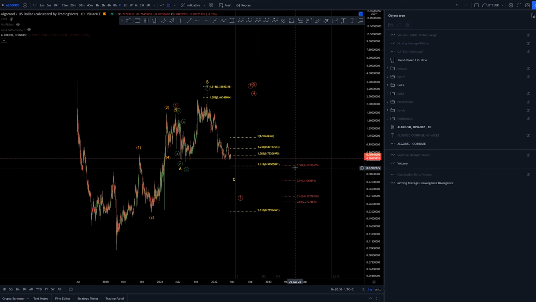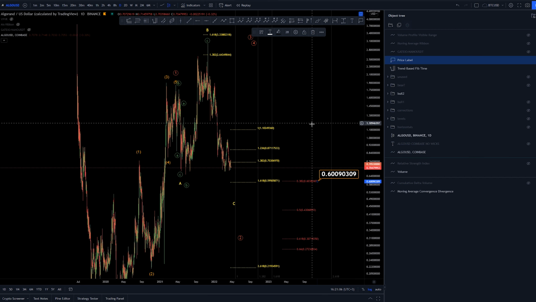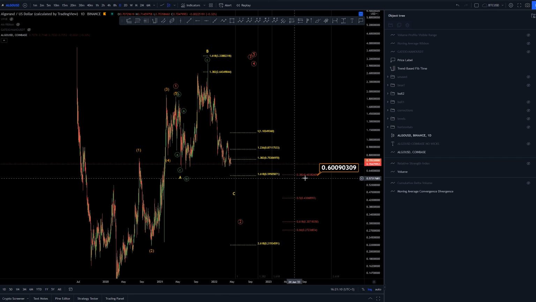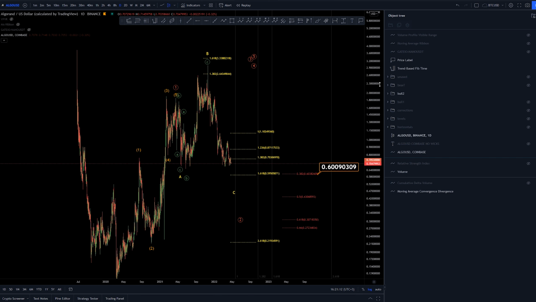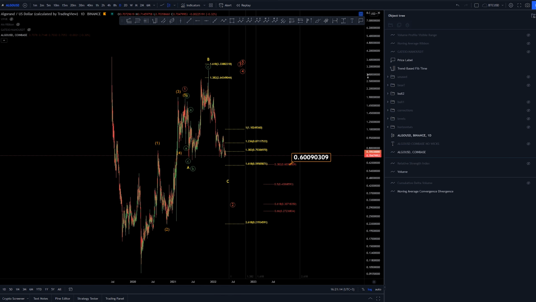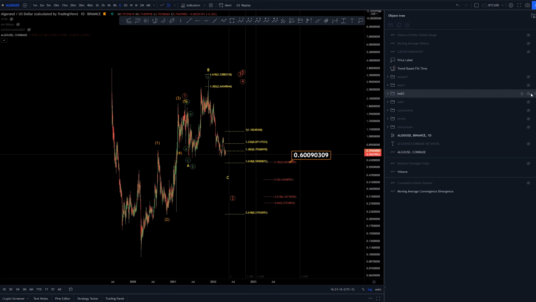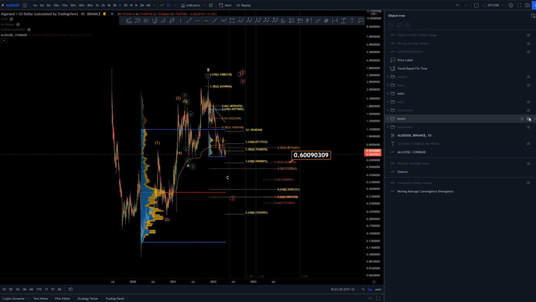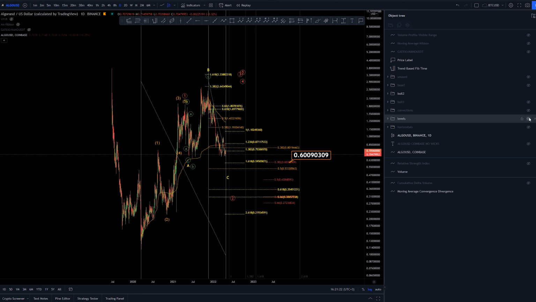I would still like to see the 38.2 to 50% retracement area be hit at around the 60 cent area. Now the 1.618 again lines up very well with the 382 here, so that is definitely one target to be looked at really closely.